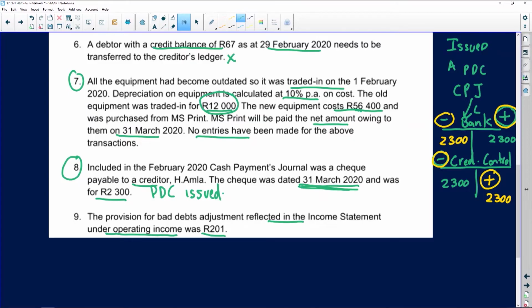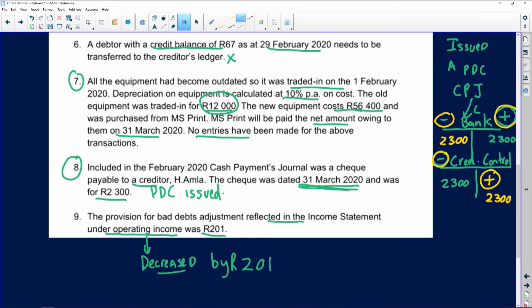Now, what does that mean? If it's shown under other operating income, basically it implies that provision for bad debts has decreased in the current financial year. It has decreased by 201 Rand. So I'm going to say this one more time.